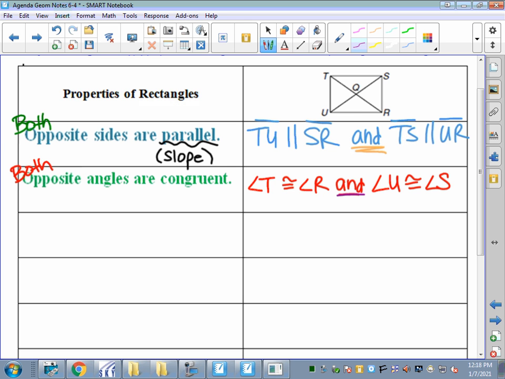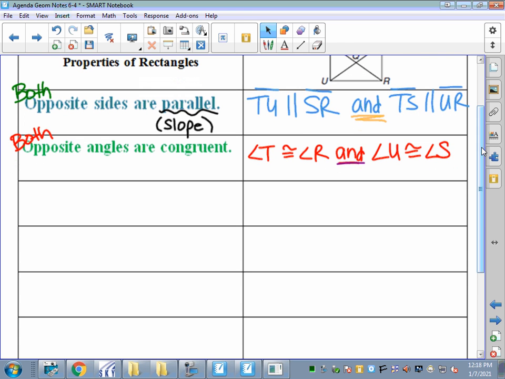The angles, again, like I said in 6.3, we don't do much with angles on coordinate planes because that's a different concept. That's a protractor. We'd have to actually measure them.